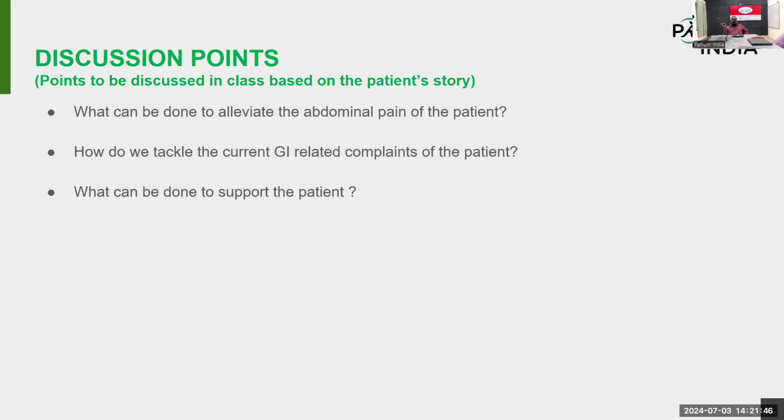So why do you use steroids in case of intestinal obstruction? Anybody? Why should we use steroids? To reduce inflammation. Yeah.